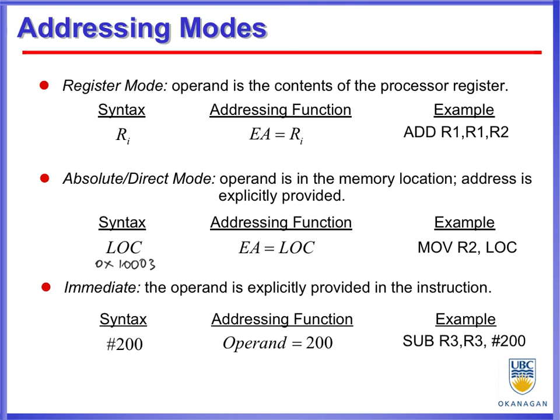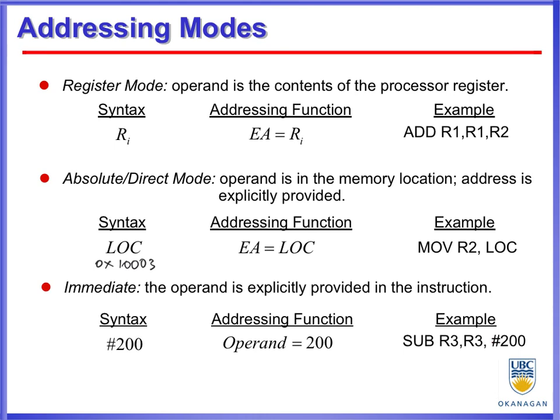So if it can't ever change, what do we call that in C++? A constant, right? It never changes. Once you've written the code, it's always 200 that's subtracted from R3. The user can't change it, the program can't even change it. So it's like a constant variable in a high-level programming language.